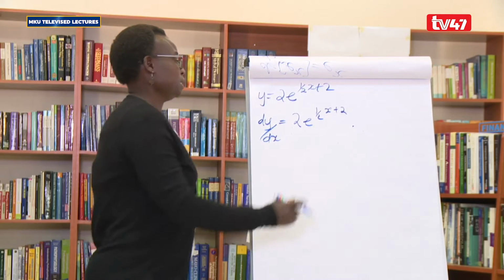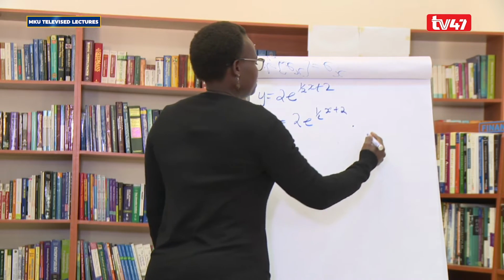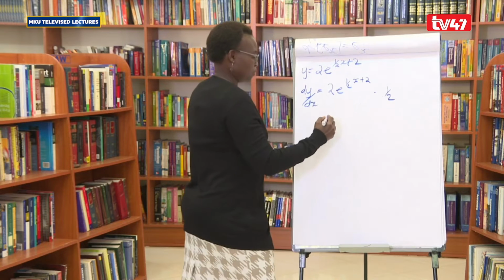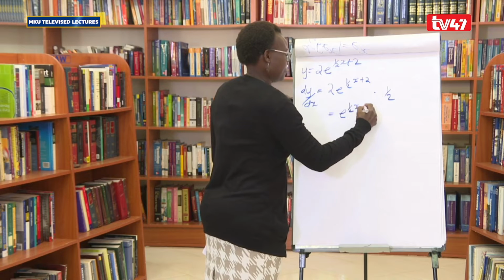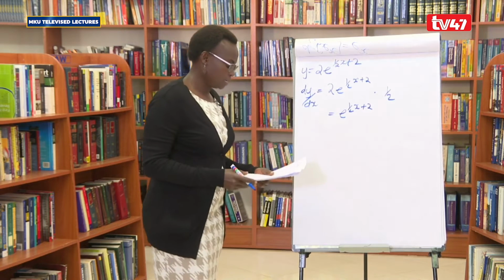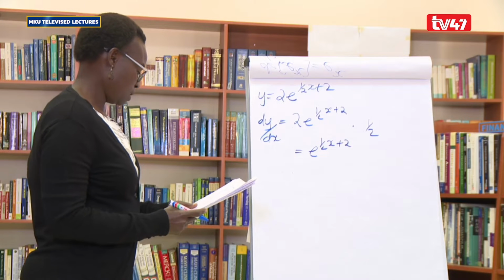Our exponent here is a half x plus 2, so that would give us times a half. So this implies then that our derivative is e raised to the a half x plus 2.